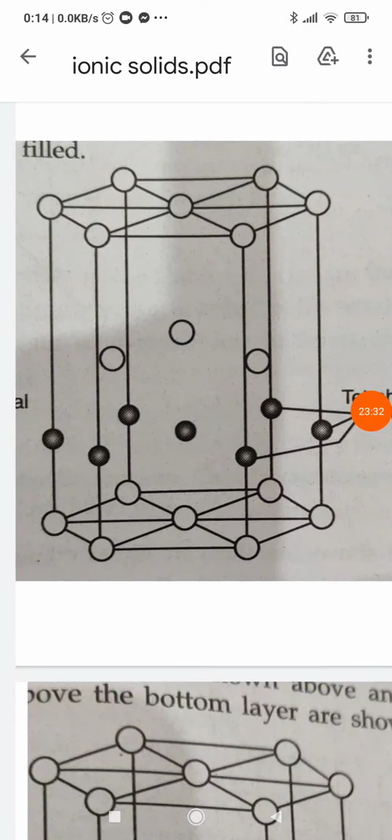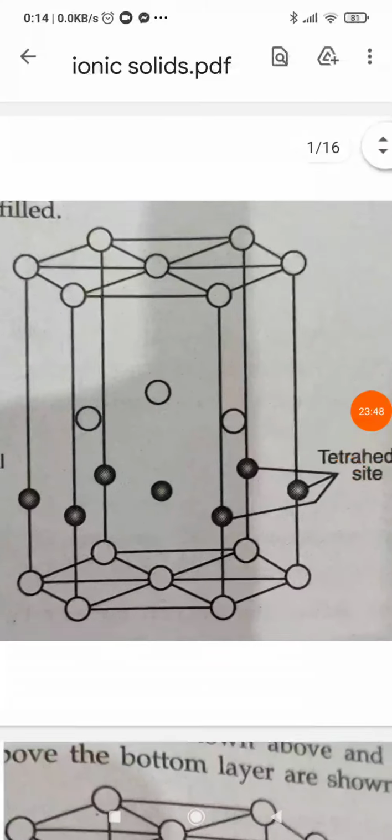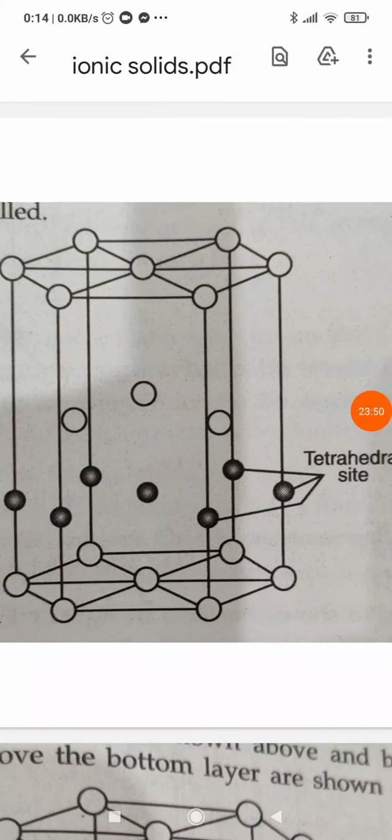Let us discuss some important structures of 2 types, AB and AB2. In the AB type structure, the 2 types of ions, A plus and B minus, have the same coordination number, that is the number of nearest neighbors. However, in compounds of AB2 or A2B type, the 2 kinds of ions, A plus and B minus, have different coordination numbers, which are in the ratio of 2:1 or 1:2.